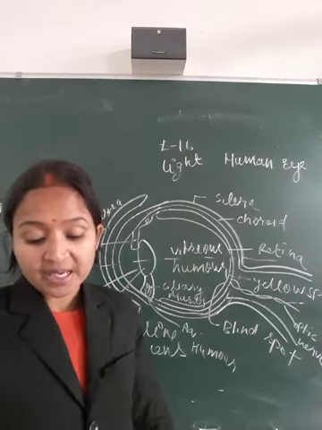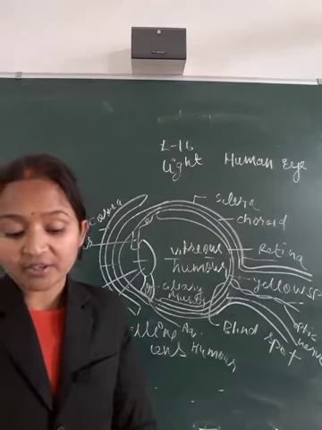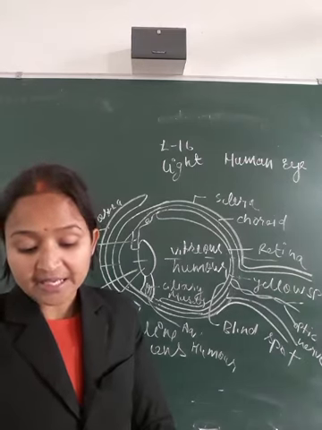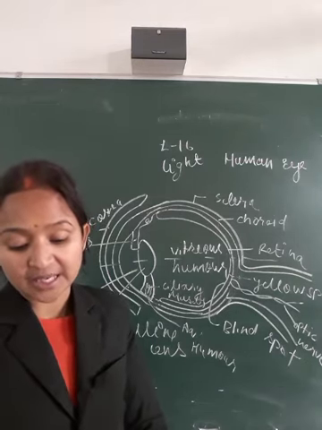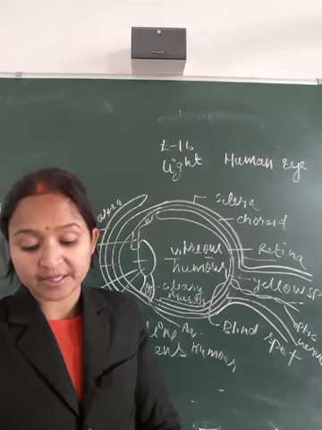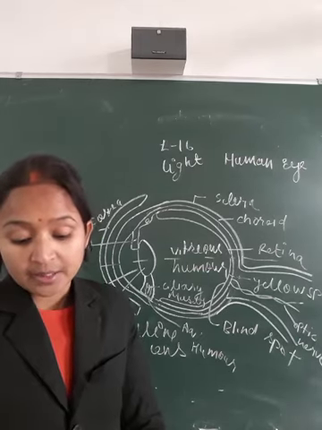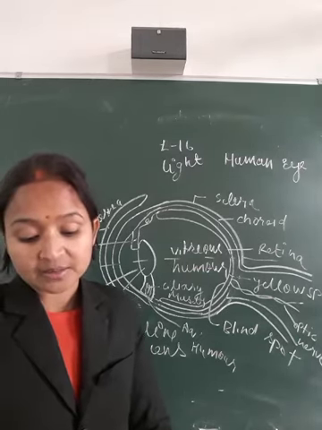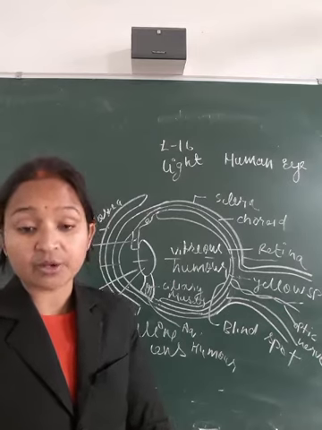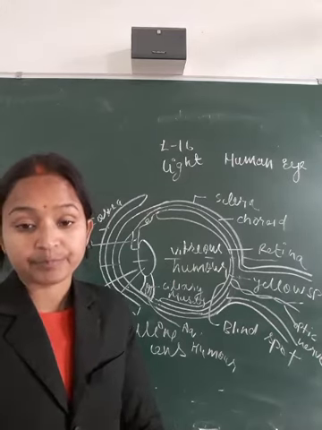Aqueous humor is a watery saline fluid filling the part of the eye between the cornea and the crystalline lens, and its function is to prevent the front part of the eyeball from collapsing with atmospheric pressure and to keep the cornea moist.